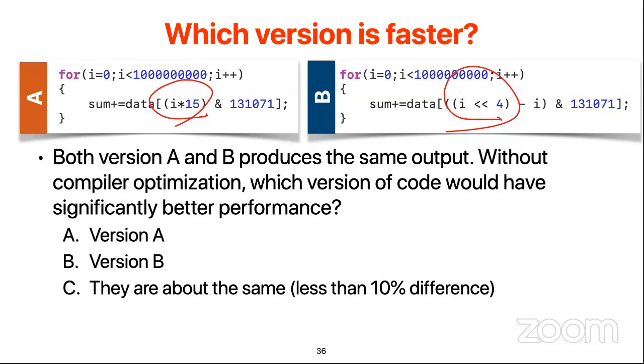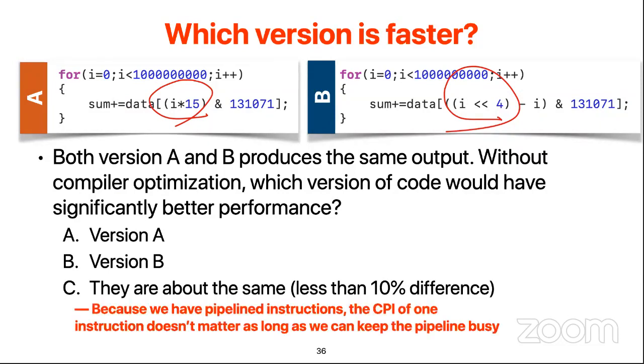So as long as you can keep your hardware resources busy, as long as you can keep filling your pipeline, the CPI of a certain instruction doesn't matter as long as your code is able to keep the pipeline busy. And for this case, it's especially the case since we can produce the result of I through a simple add.